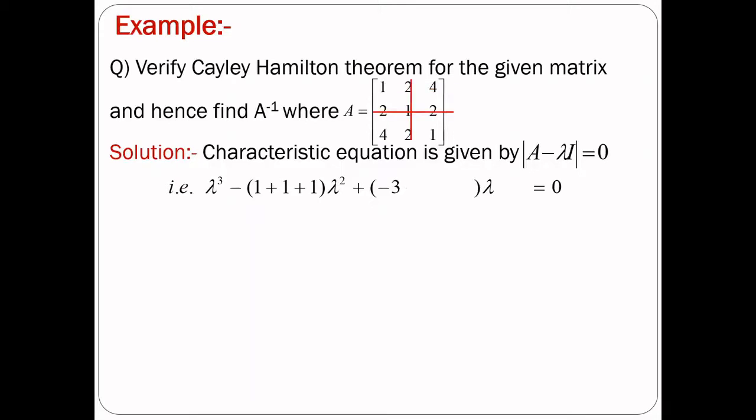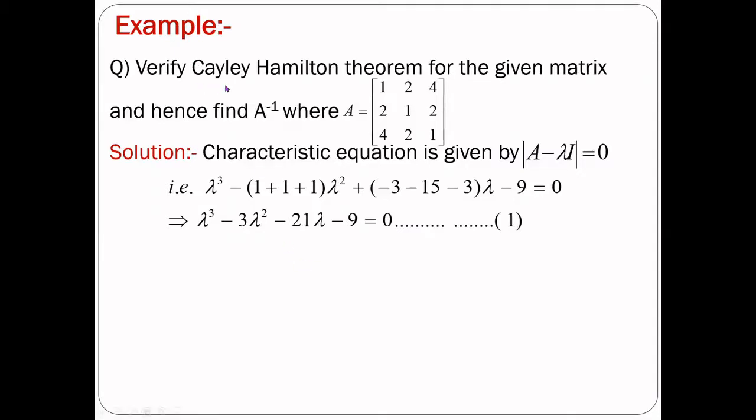For the second minor, we get the answer as minus 15. Then for the third minor, we get the answer as minus 3. And the determinant of the matrix is minus 9. That's why the characteristic equation is lambda cube minus 3 lambda square minus 21 lambda minus 9 equal to 0. Call it equation number 1.